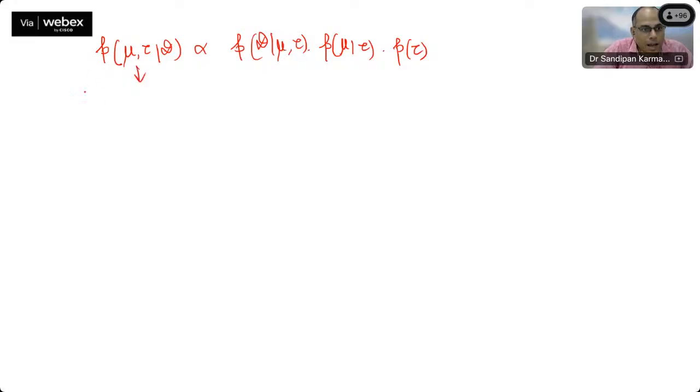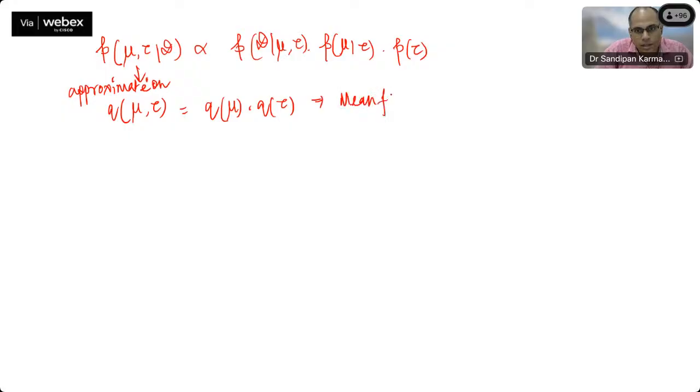But I cannot find out the exact true posterior, so we are doing an approximation using q of mu, tau. This q of mu, tau will be taken as q of mu multiplied by q of tau, and this is called the mean field approximation.